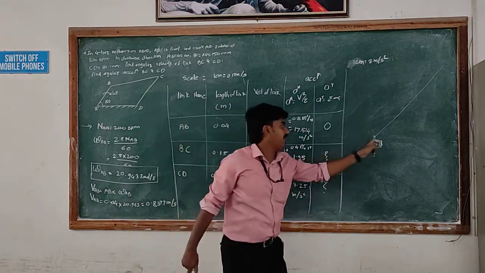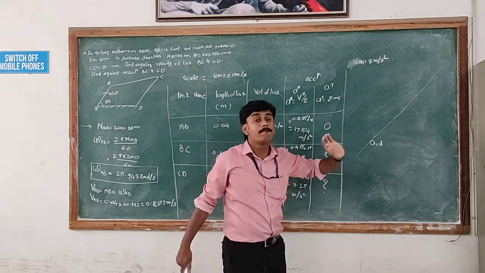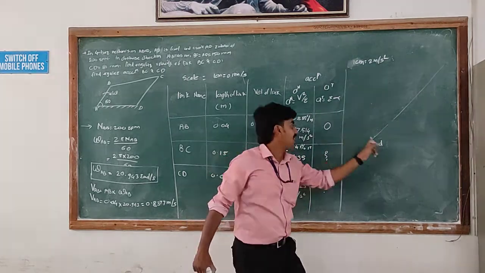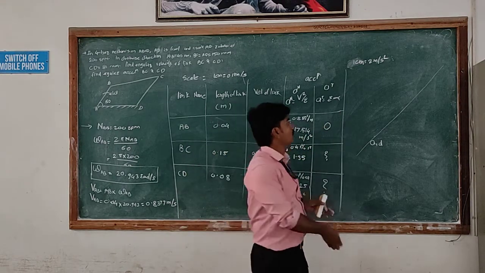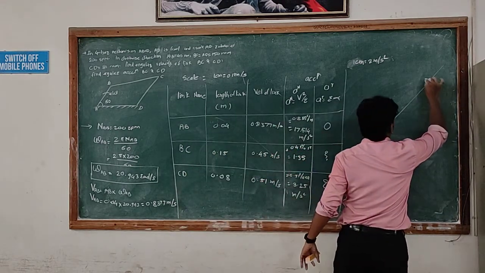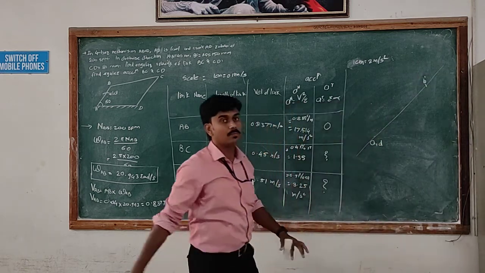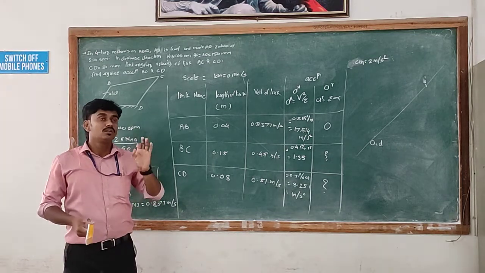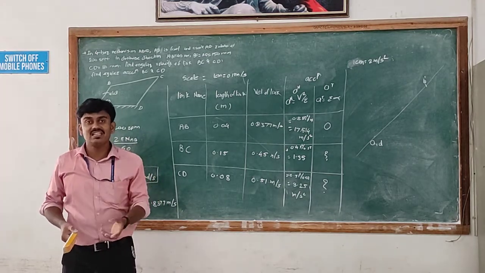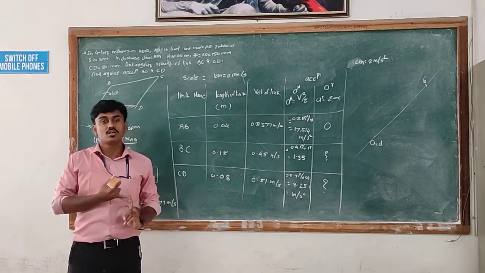So from point A, mark a point B dash, which lies on this line, and its magnitude is like this. So suppose this is my point B dash. Why B dash? Because if we consider any link, it has two components, that is tangential component and normal component.